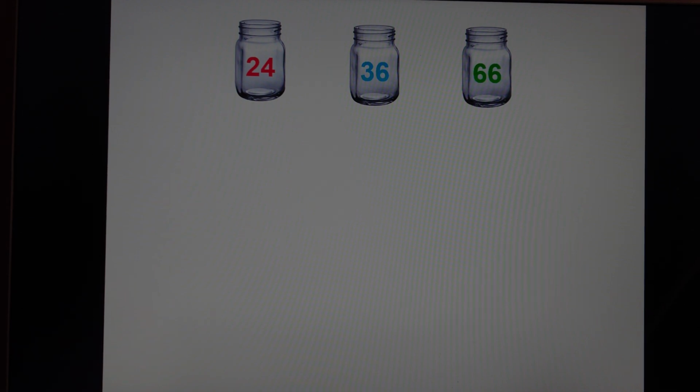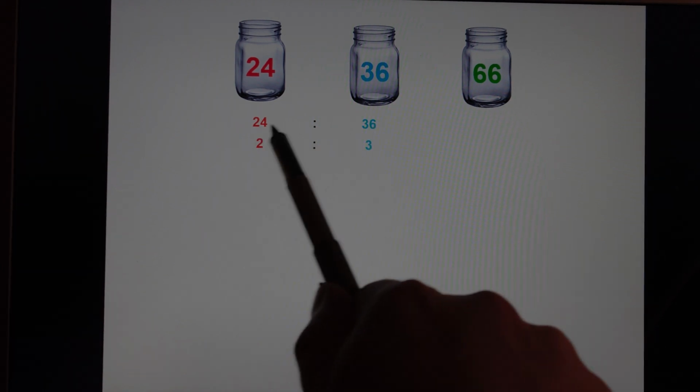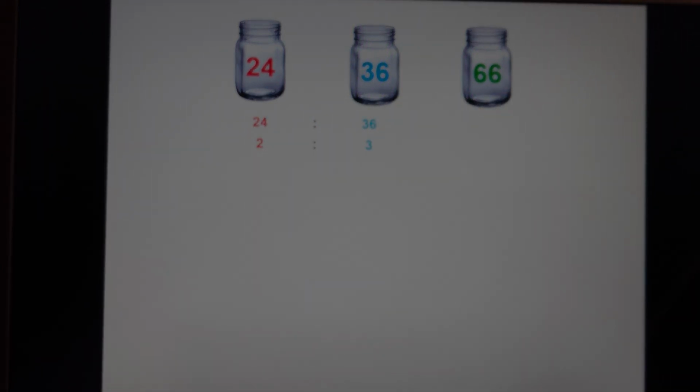Look what happens if I compare any two of them and then simplify the ratio. So if I compared the red with the blue, that's 24 to 36, I could simplify that because both of these contain factors of 12, so I can divide both sides by 12, and that ratio simplifies to 2 to 3.